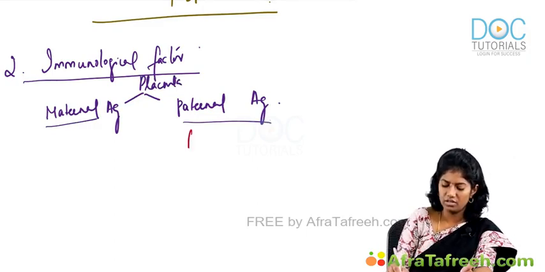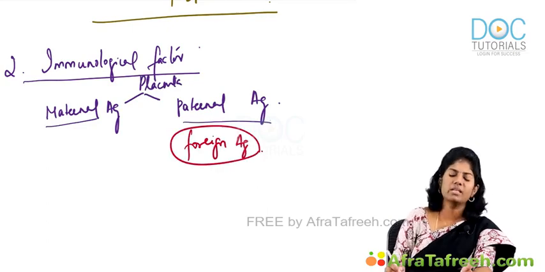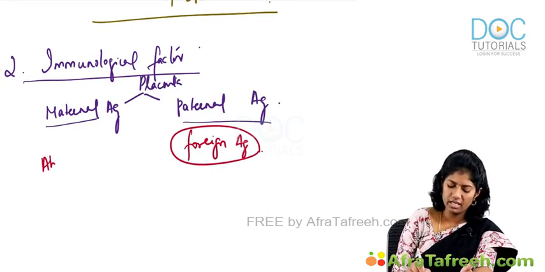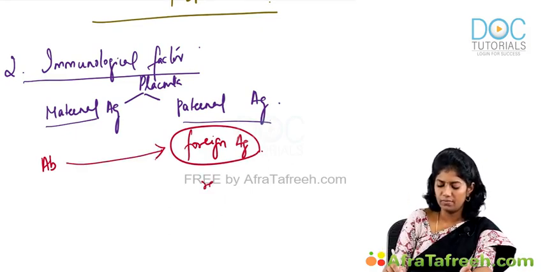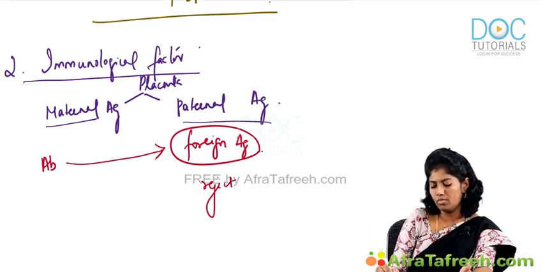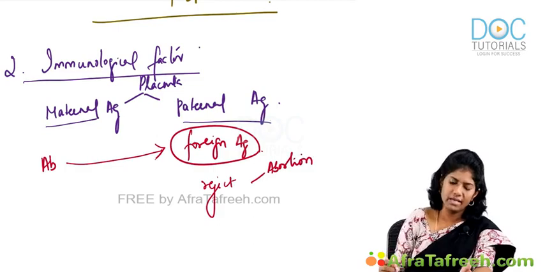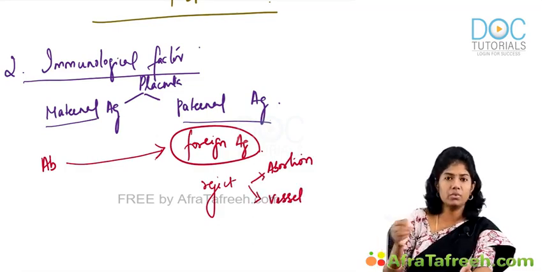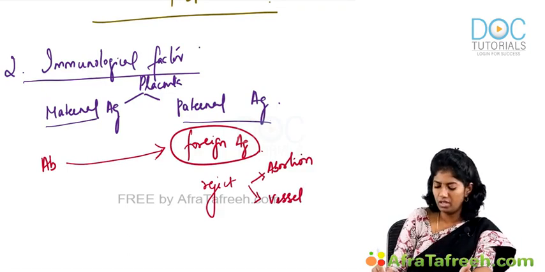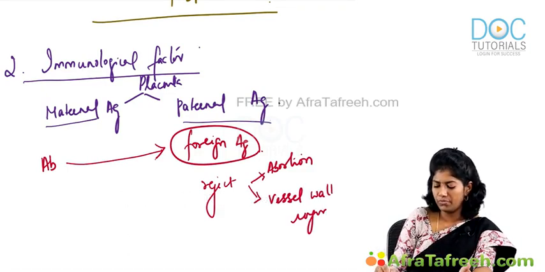The mother can produce antibodies against the paternal antigen and therefore reject the fetus. It can lead to abortion if it happens in early pregnancy, or if it happens in late pregnancy, this can lead to vessel wall injury. That means this antibody mediated immune reaction can lead to vessel wall injury and thereby vasospasm.